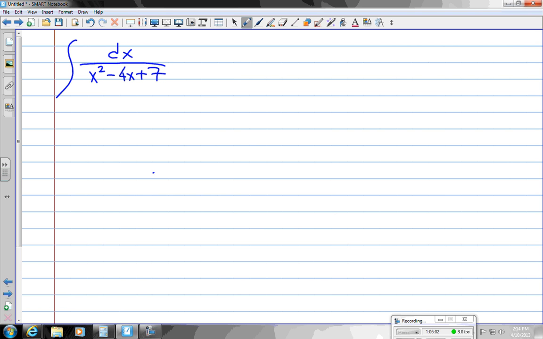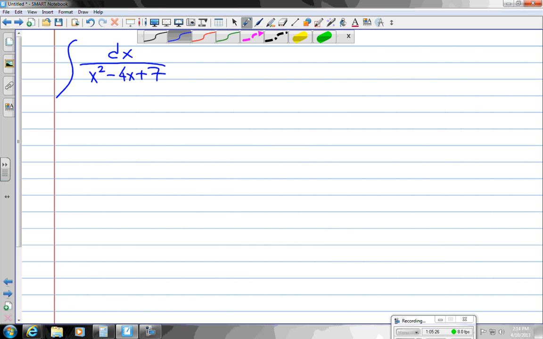Do you see why that's ridiculous? If we could factor that denominator, then there are certain Calc 2 techniques we can use. But this one is not factorable. And there are no square roots in the denominator.